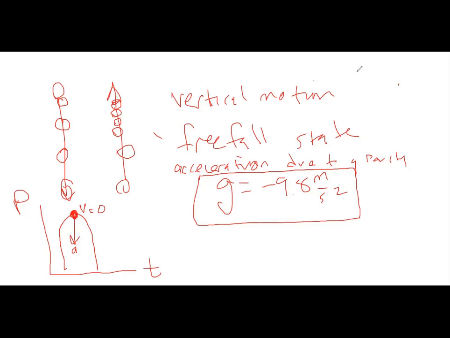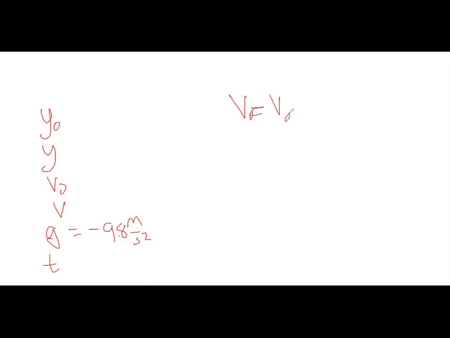In the Y direction, we have these variables: Y naught, Y, V naught, V, G, and T. And G is always negative 9.8 meters per second squared. Our equations change. V equals V naught plus GT.